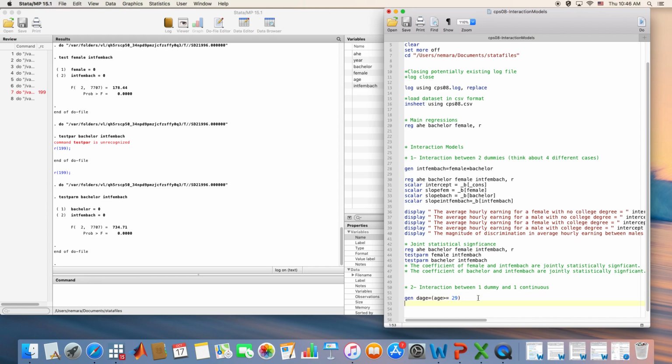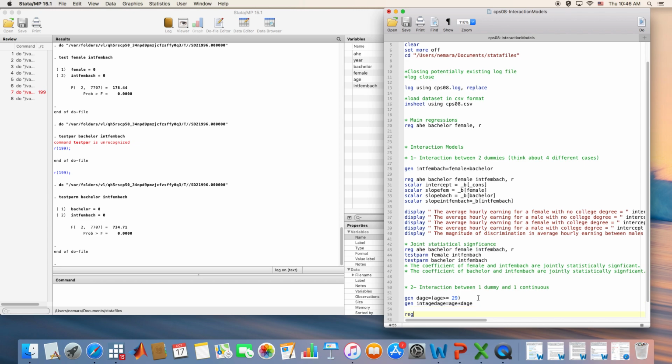So we generate this dummy. Let's generate an interaction between age and the dummy, which is equal to age times dh, and we're going to add it to the regression.